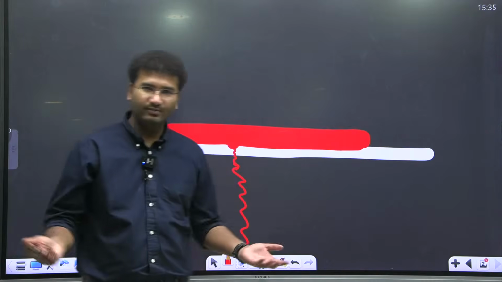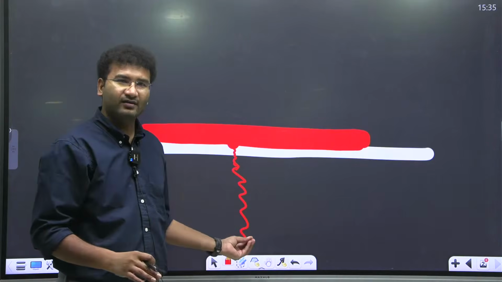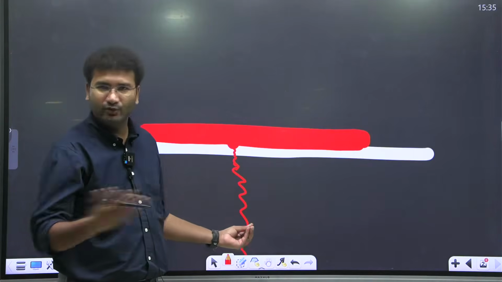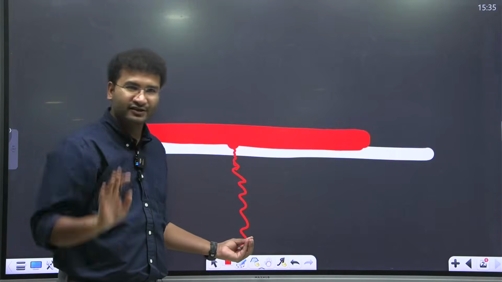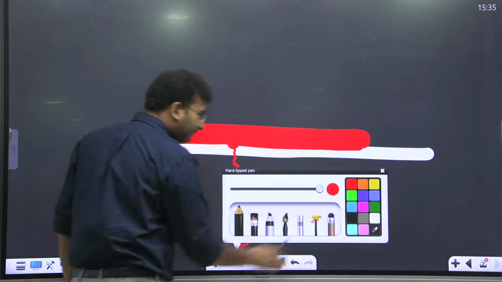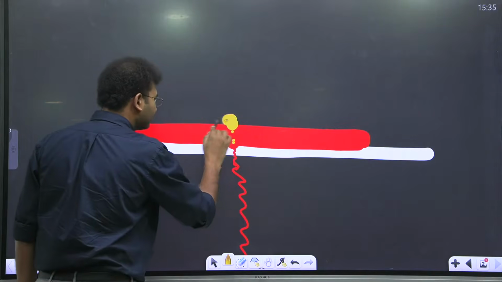Basaltic flood, basaltic province, we call it flood basalt, right? Plume se jo aata hai na, whatever the magma that comes from the plumes, it is basalt. The magma that comes from the deeper is basic in nature. It's not acidic.